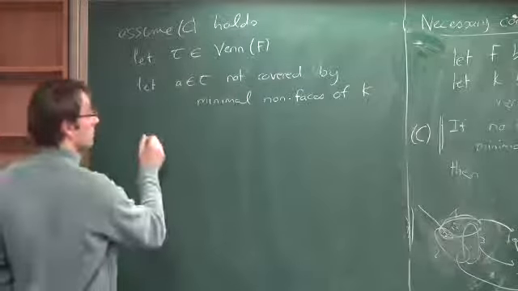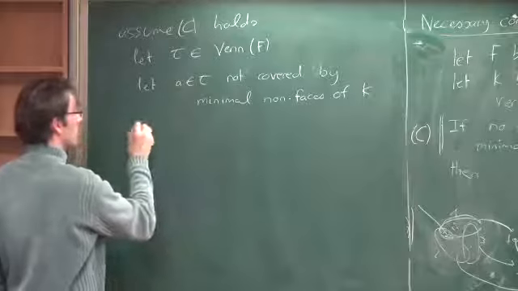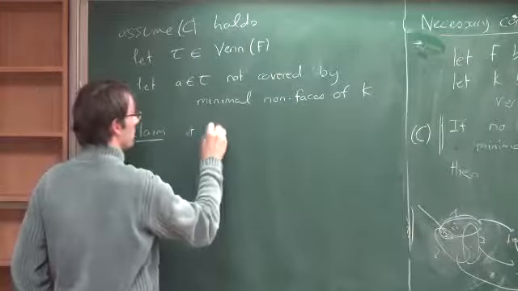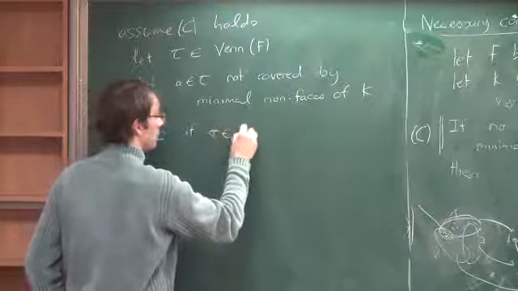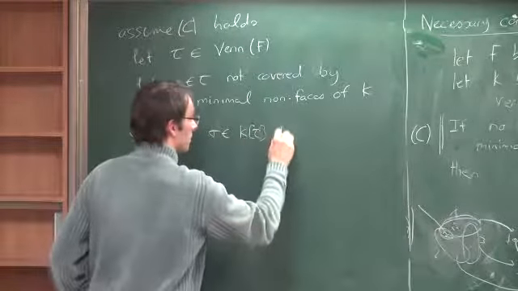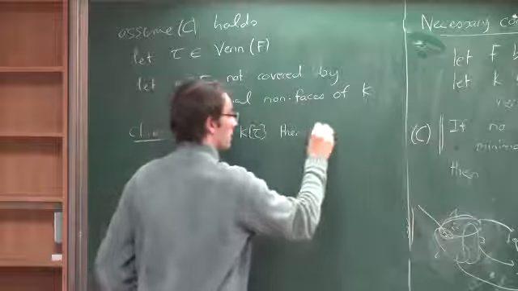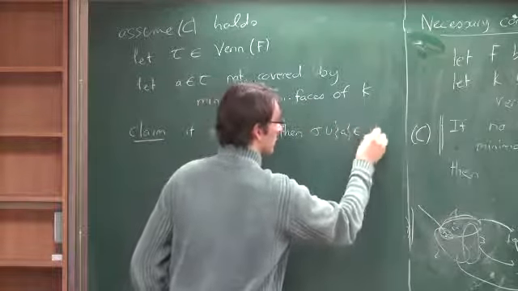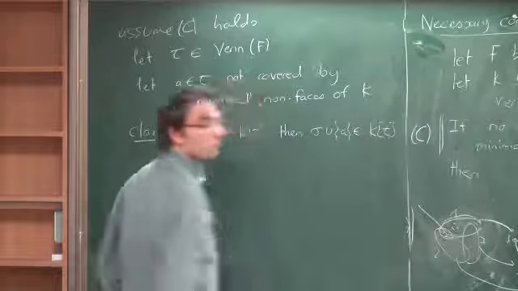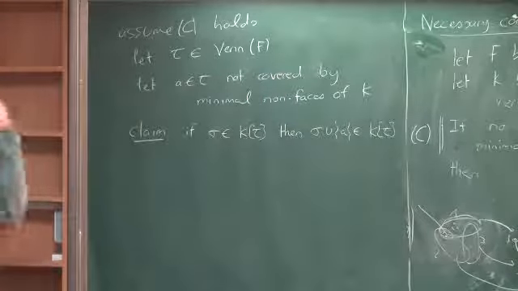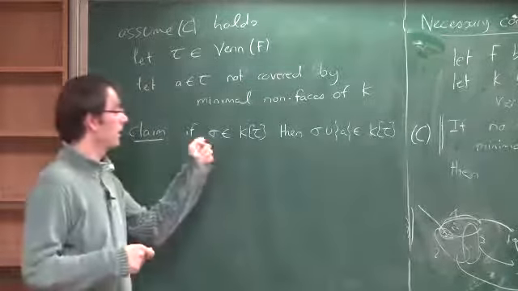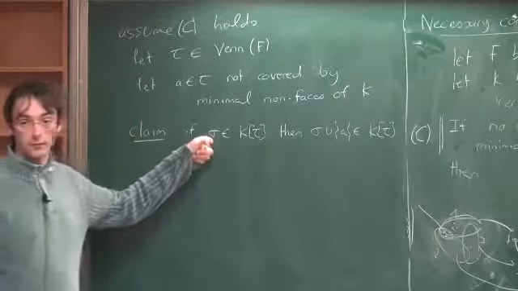Now what I want to claim is: if sigma is in K tau, then sigma union A is in K tau. Every time you have a face, if it contains A, I'm not saying anything; that's trivial.